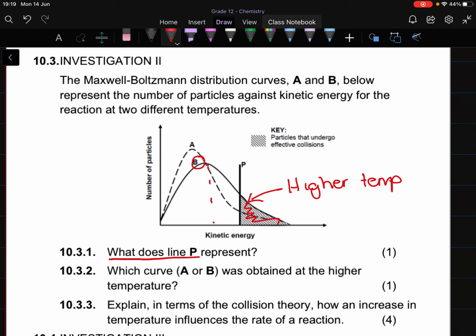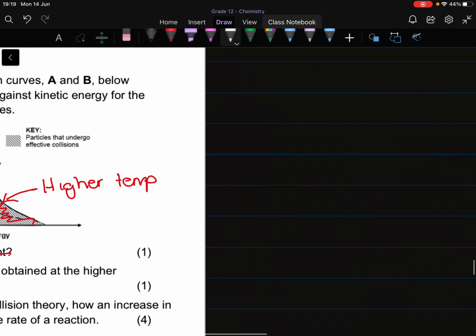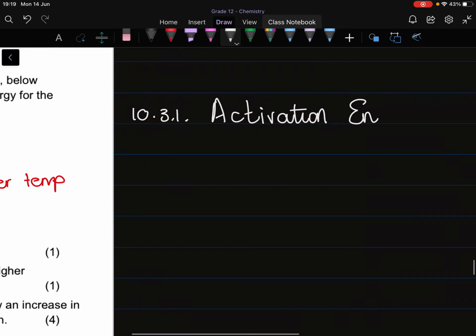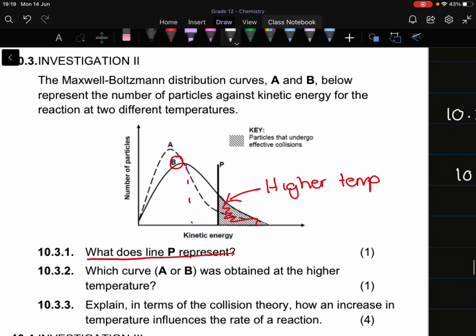Then they say what does line P represent? Well, that represents the activation energy. Okay. 10.3.2.